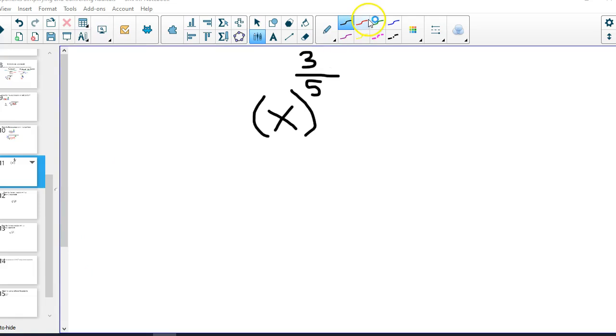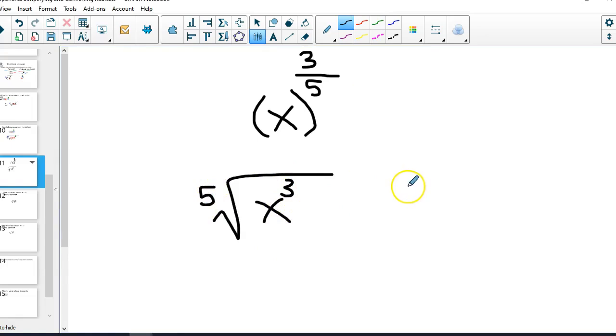Let's give it a go. And what you should have gotten is x to the third power with an index of 5. Base, whatever is in here; top of the fraction goes on the power on the inside; bottom of the fraction is the index. Alright.